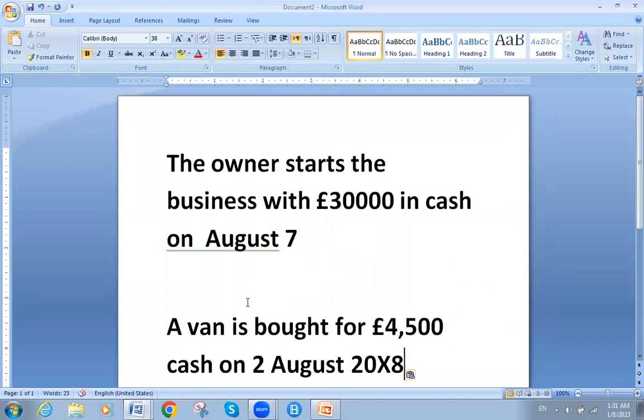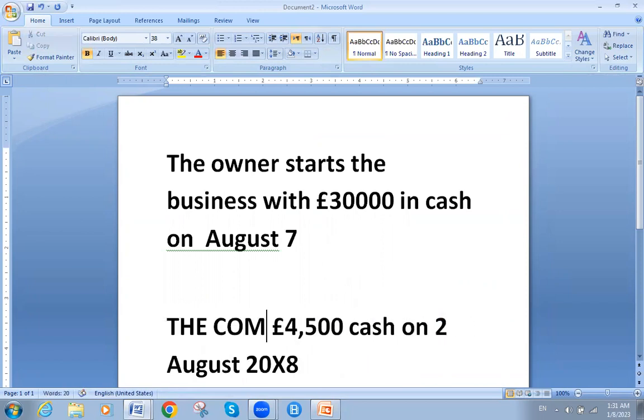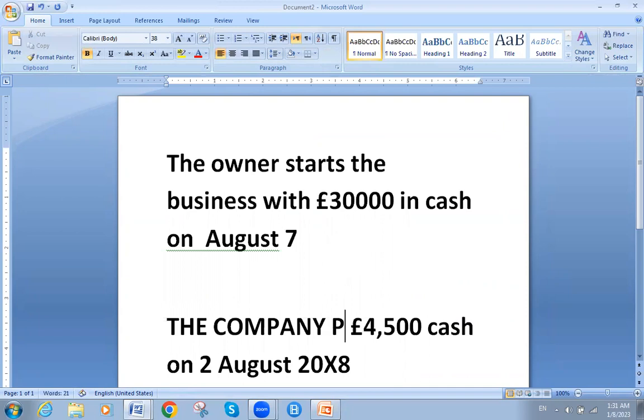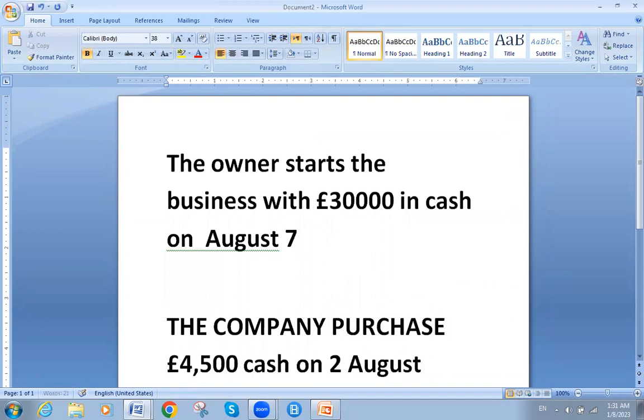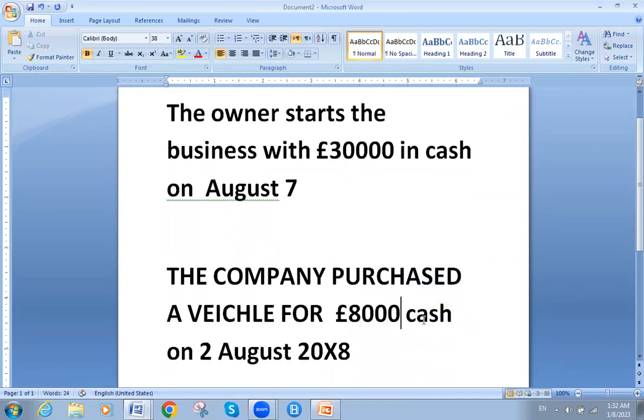Control and V. The company purchased a vehicle for, let's say, 8,000 in cash.